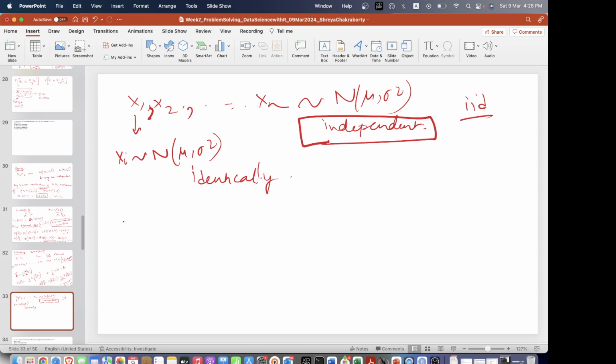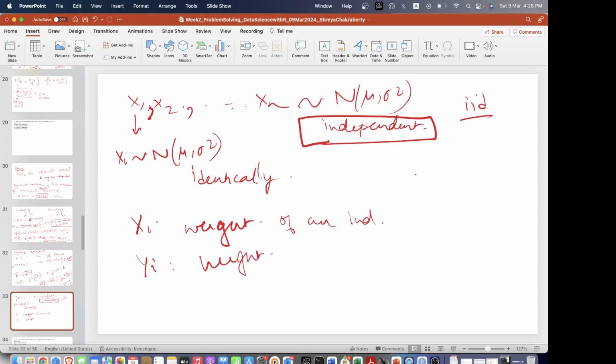For example, let's say the random variable xi is the weight of an individual, and yi is some associated quantity, something similar to weight, but let's say this is height.